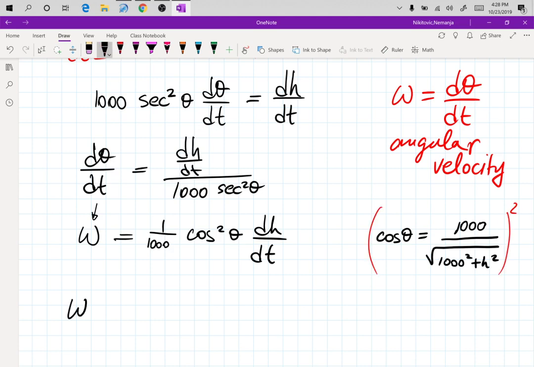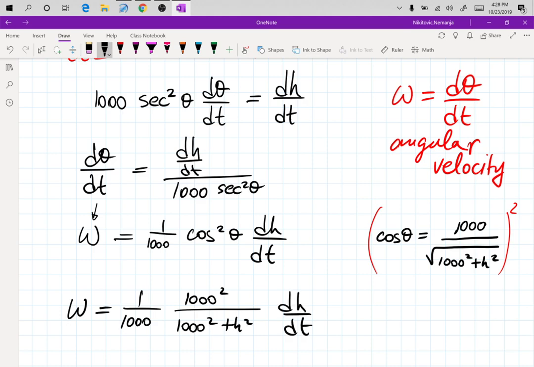So omega is equal to 1 over 1000 times, and now I need to square this, so it's going to be 1000 squared divided by, and the square will kill the root, and you just have 1000 squared plus h squared, dh dt.